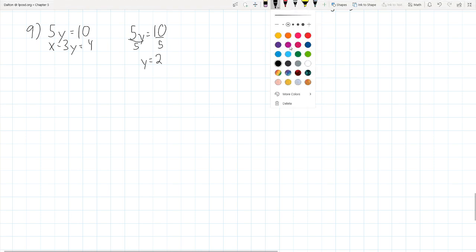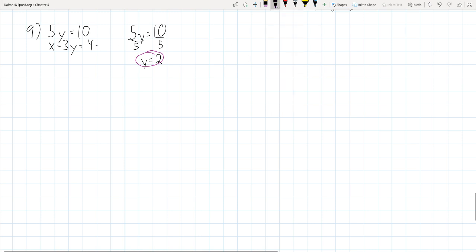Let's circle that in this purple. And then I need to still solve for x. So x minus 3y equals 4. Now anywhere that I have y, I'm going to put in 2. So x minus 3, let's go to purple, times 2 equals 4.